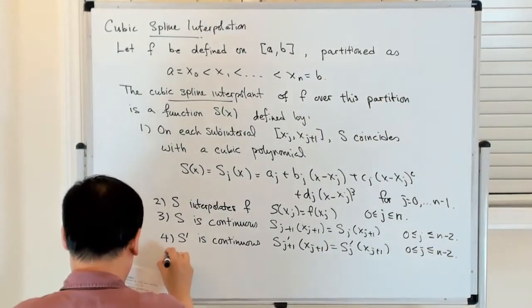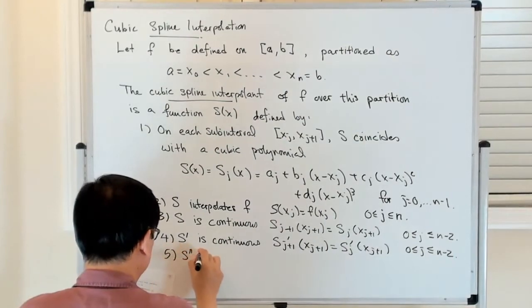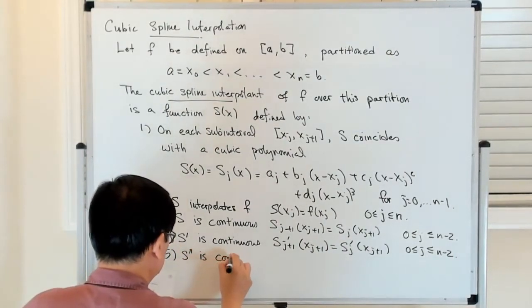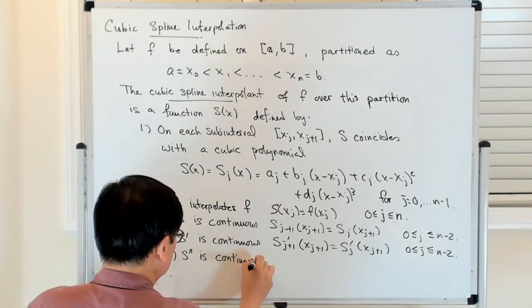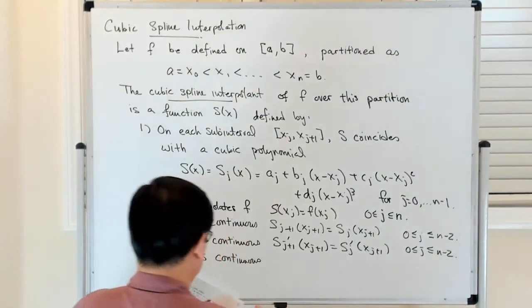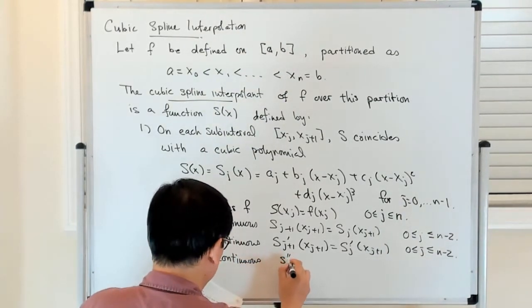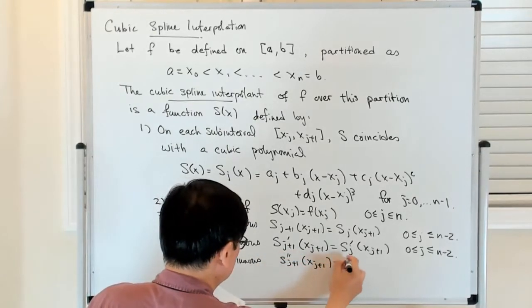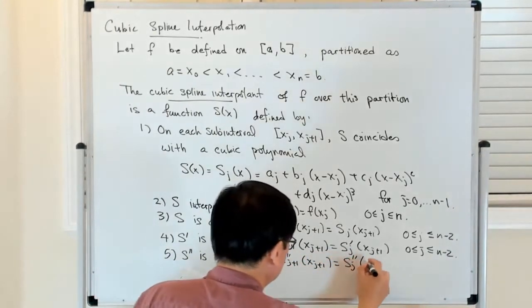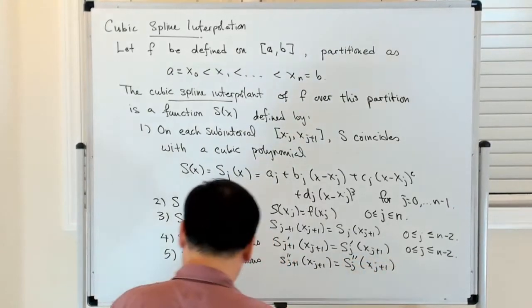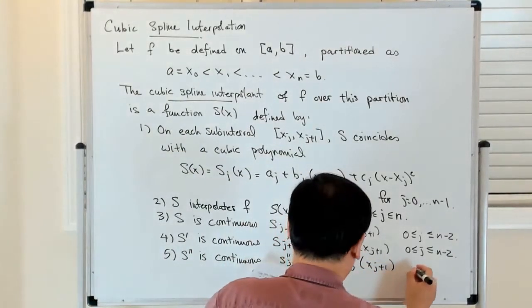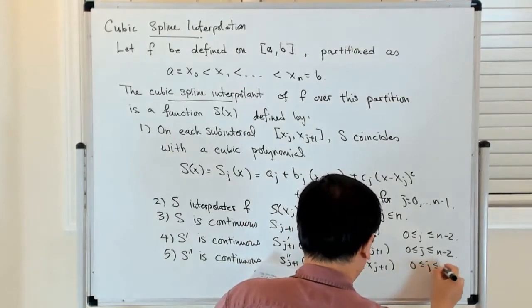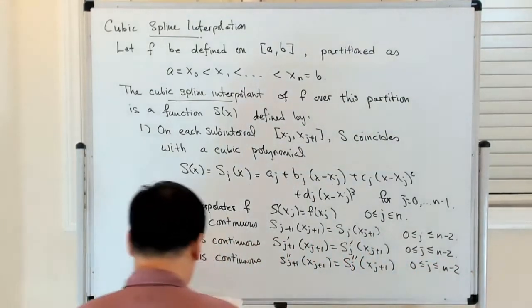And then the fifth condition is that S double prime is also continuous. So Sj plus 1 double prime at xj plus 1 is equal to Sj double prime at xj plus 1. And again, j is between 0 and n minus 2.